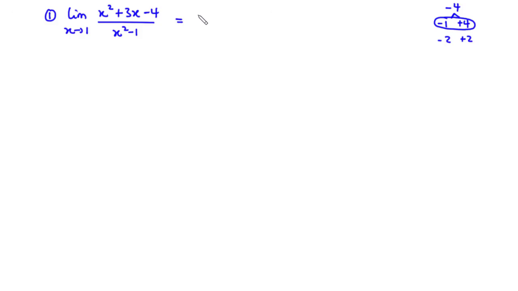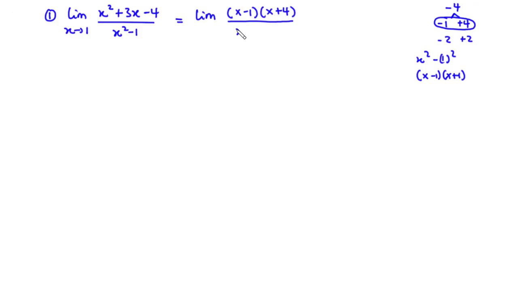So we have the limit of x squared plus 3x minus 4 being x minus 1, x plus 4, divided by, now for x squared minus 1, that is a difference of two squares. So we can express this as x squared minus 1 squared. So that will be equal to x minus 1, x plus 1.